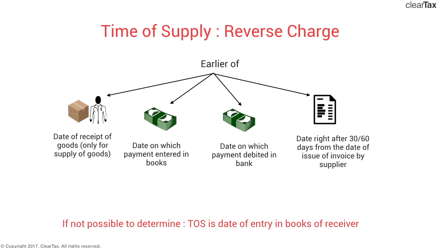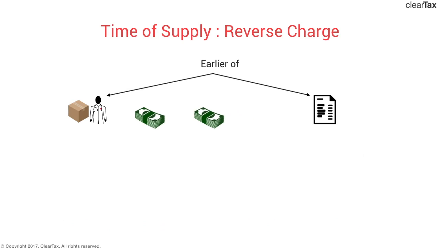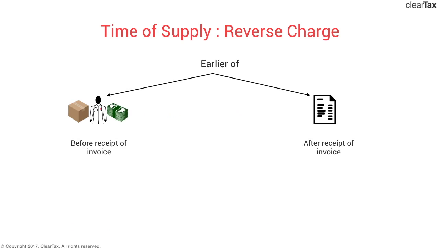So we can broadly divide these 4 dates into 2. Before receipt of invoice, the first 3 categories: date of receipt of goods, date on which payment entered in books or debited in bank. So they are all time of supply before issue of invoice, or time of supply arises after issue of invoice.